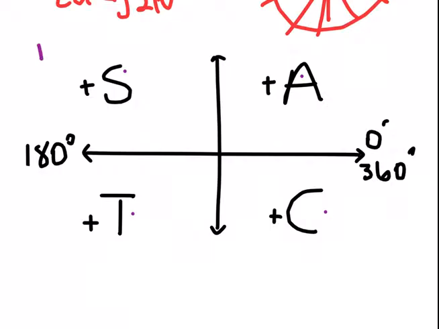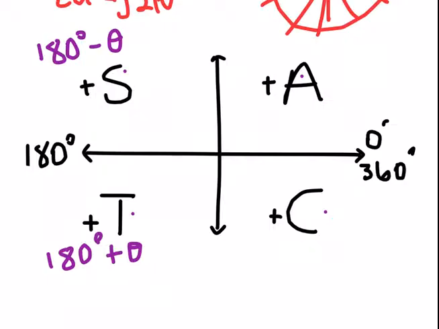Because when you say 180 degrees and you minus whatever acute angle, it takes you back into the second quadrant. But if you say 180 plus, it takes you to the next quadrant. So all the angles that fall in the third quadrant are 180 plus.